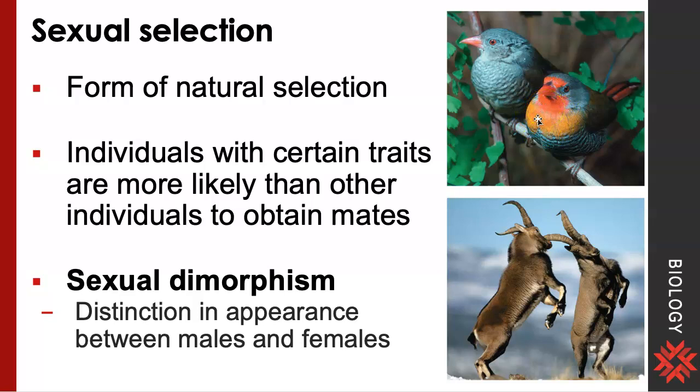So over time, the males that have the brightest feathers are the ones that are going to survive and reproduce. For females, there's no advantage to them having those bright feathers, so they won't have those bright feathers. So you end up having males and females that look different from one another. So sexual selection just ties into natural selection and how these populations can change over time.